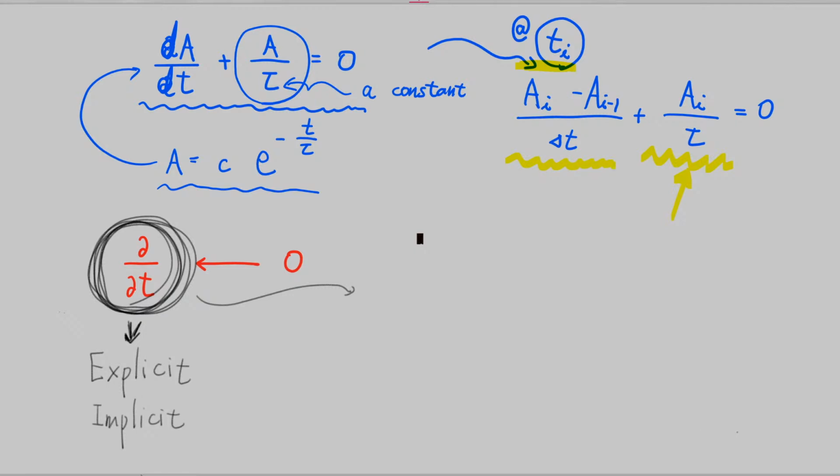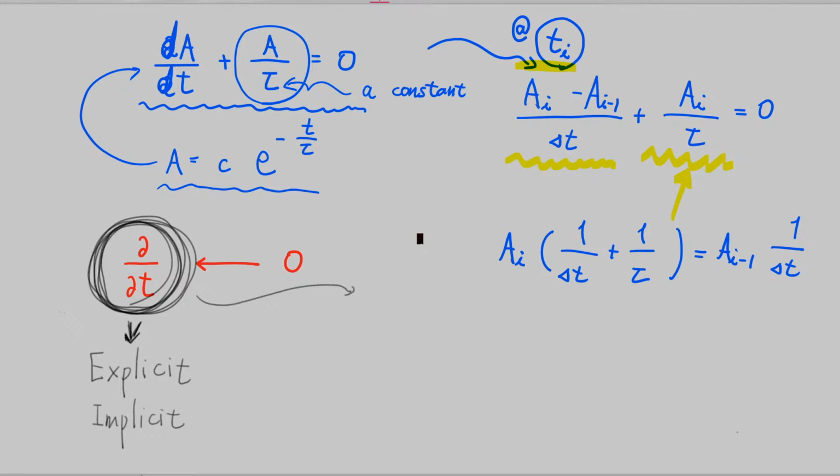Let me do it together with you. In this case, just take the coefficient of A sub i. A sub i will have 1 over delta t plus 1 over tau, and let's collect the coefficient for A sub i minus 1. In this case we will have 1 over delta t only. If you have any question, please let me know.